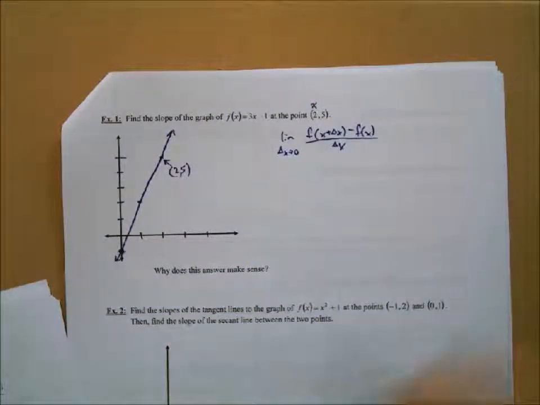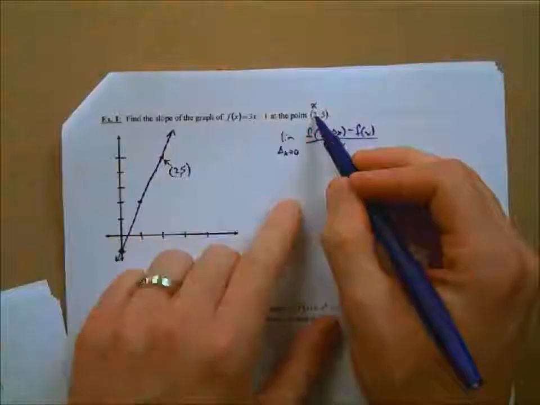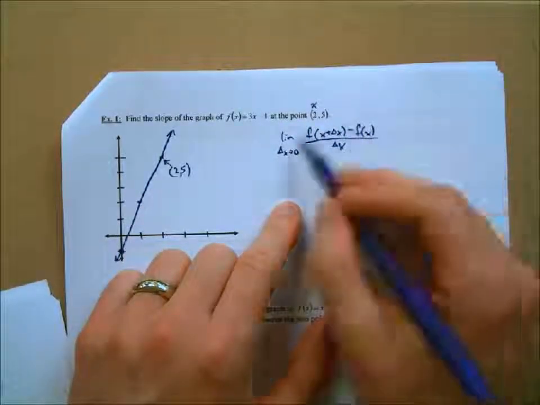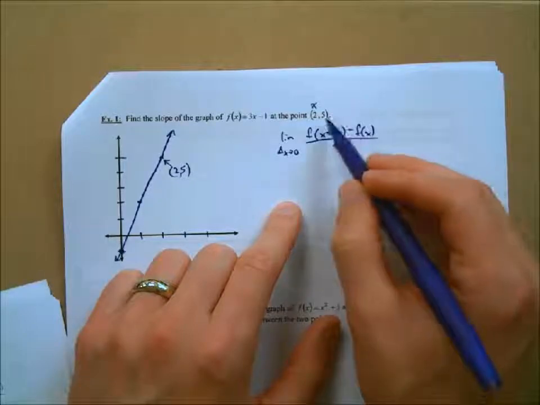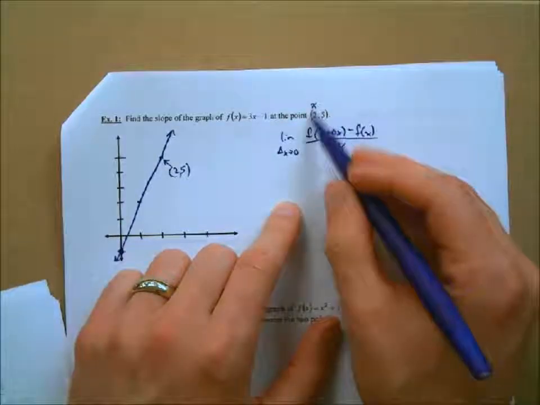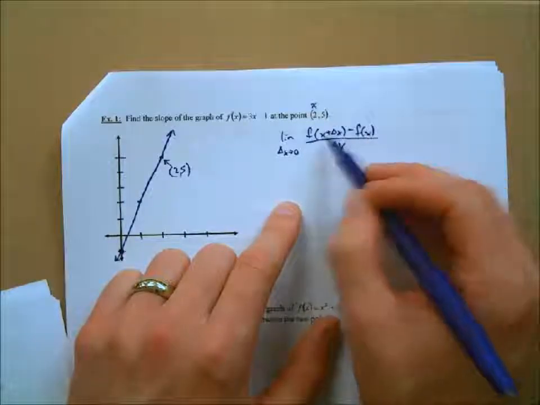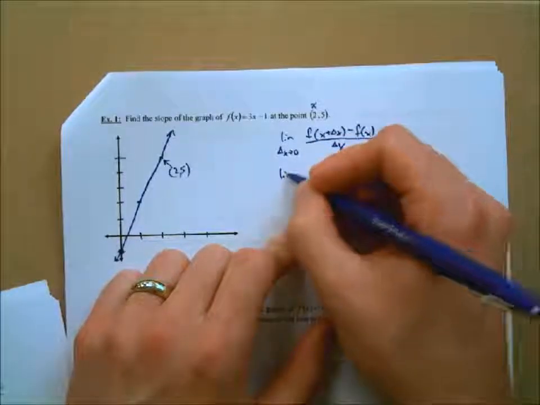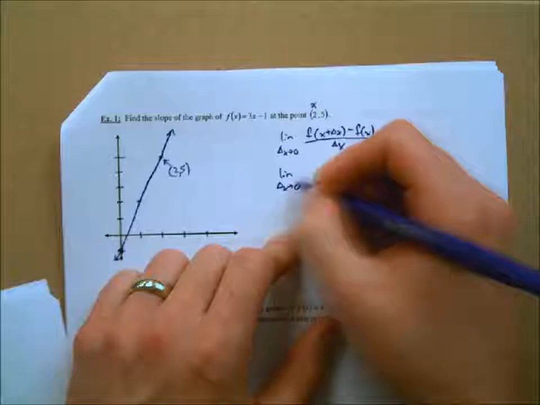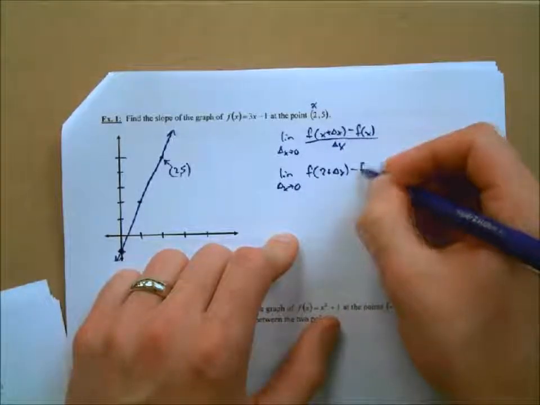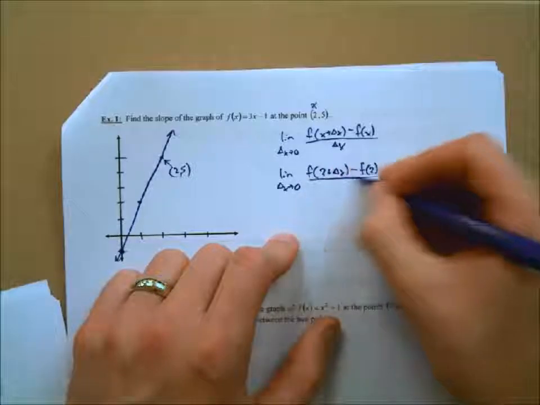Since I want to find it at the specific point of 2, 5, you'll notice there's no y's in this slope formula, right? Okay, so we don't need to worry about the 5, but the 2, that's our x value. So we're going to plug that 2 in for the x's here, okay? Delta x's, remember, are a different variable. So we'll plug in, make it f of 2 plus delta x minus f of 2 all over delta x.